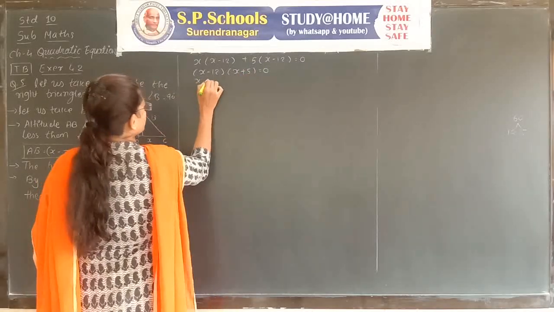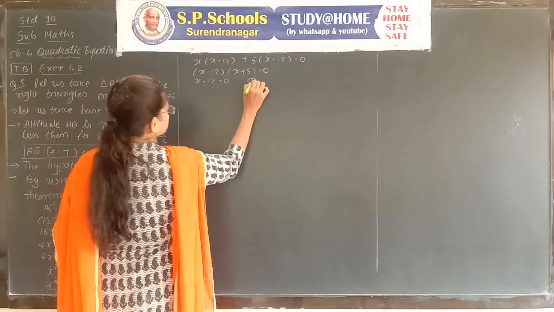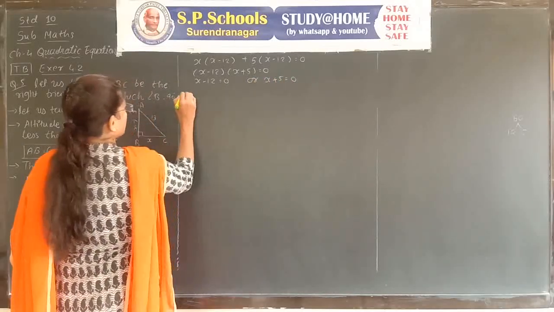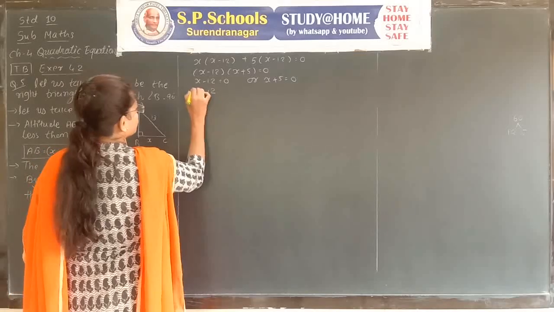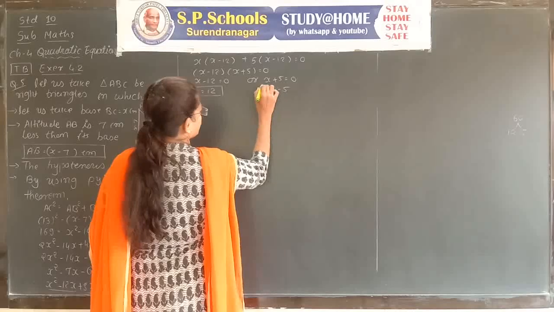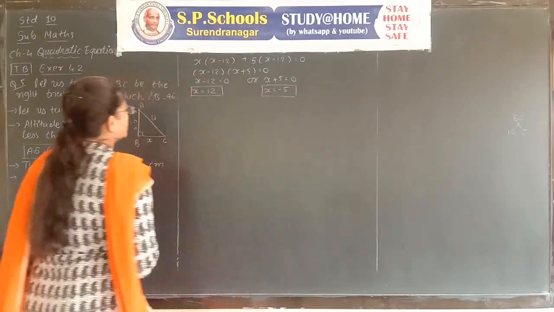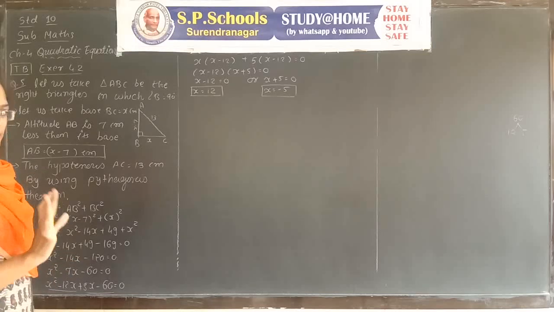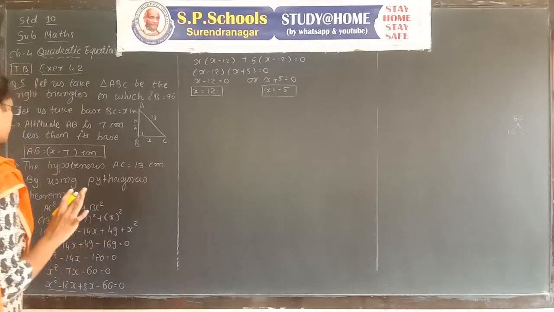On comparing both with 0, we get two values of x. One time x is equals to 12 and second time x is equals to minus 5. Now what is x?